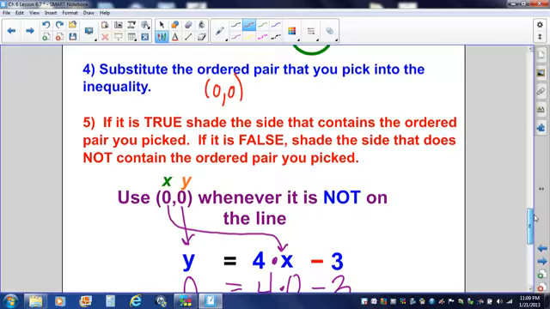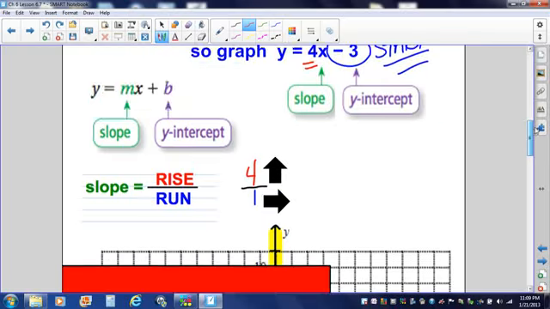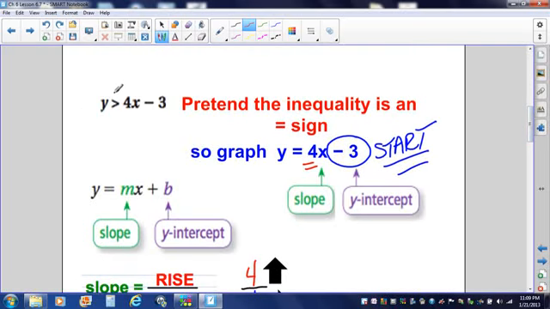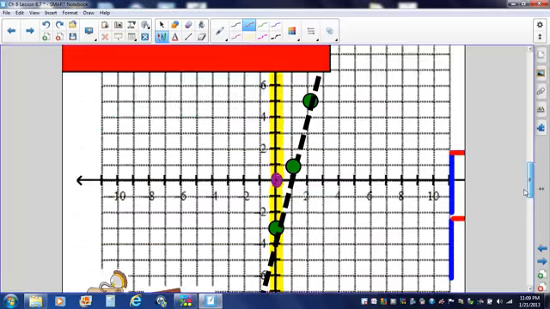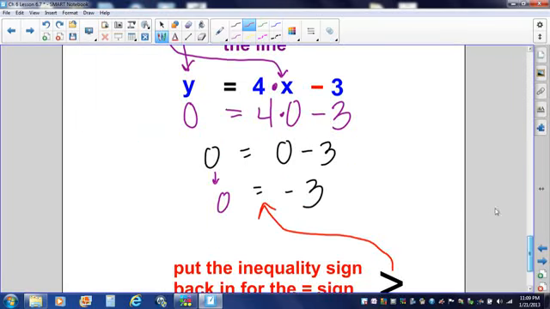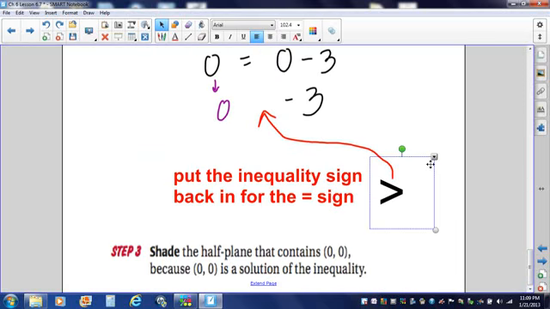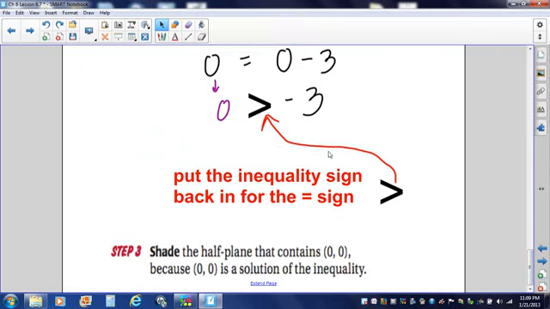Where did I get the inequality sign from? Right there. I'm going to put that inequality sign back into my problem.